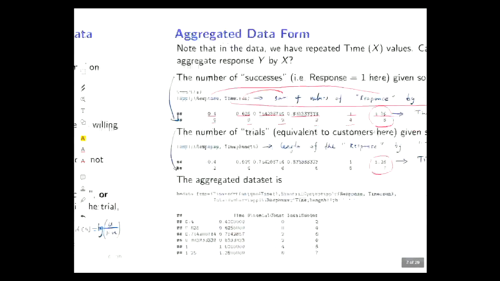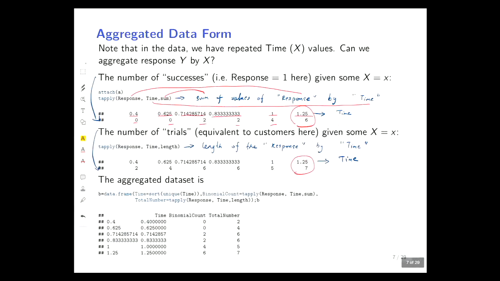So basically, we just use the tapply function to help us to aggregate the data, and then we can define the aggregated data set. So how to do that? Firstly, we should have the time without any repeated value.